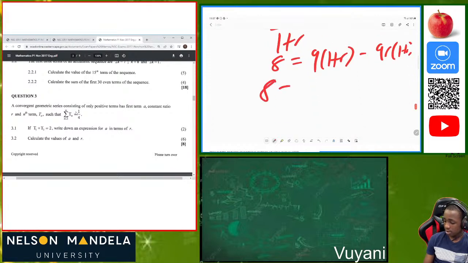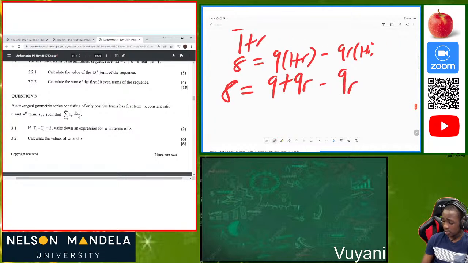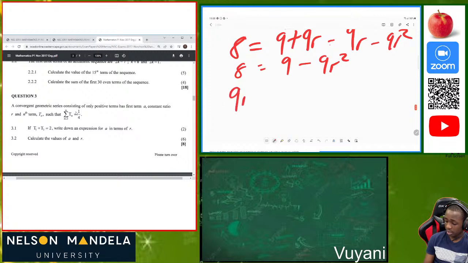Then 8 is equal to 9 plus 9r minus 9r, oh, it's r here, yes. Then minus 9r squared. So we have 8 is equal to 9, this is 0, minus 9r squared. Then we go 9r squared positive because we are transposing.